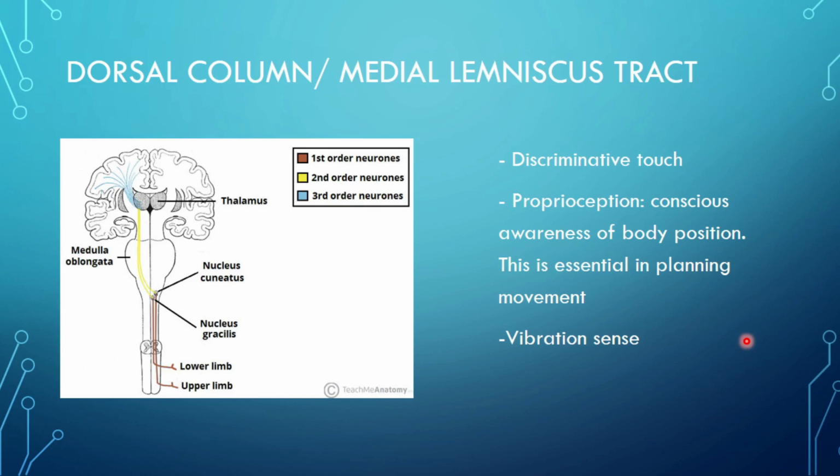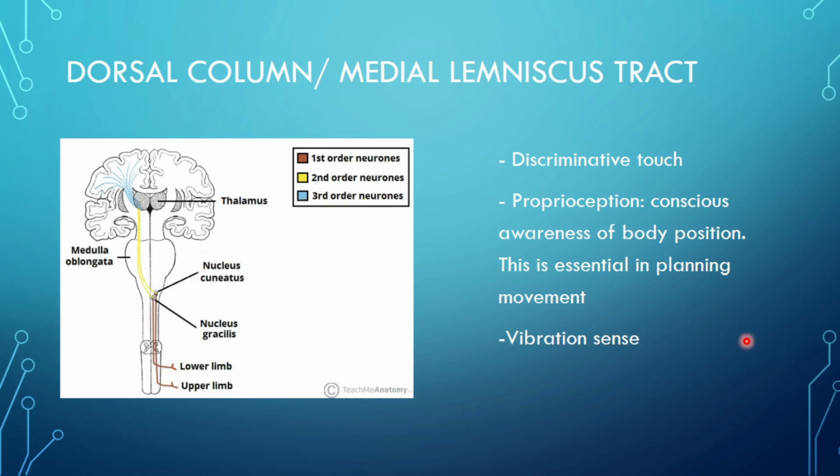Also proprioception, so that is the conscious awareness of your body's position. For example, I'm sat at a desk right now, and I am aware that I am sat on a chair, my knees are bent, or flexed, my hips are flexed, my spine is straight or relatively straight, depending on what my posture is like at any particular point.